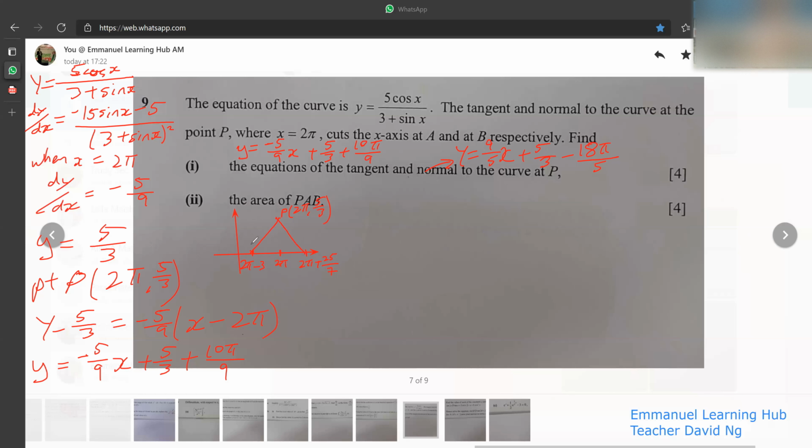Oh, okay. Yes. You substitute y is 0, you get this. Because you have normal and the tangent.